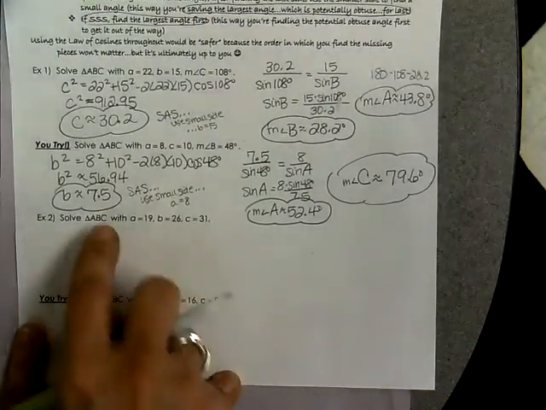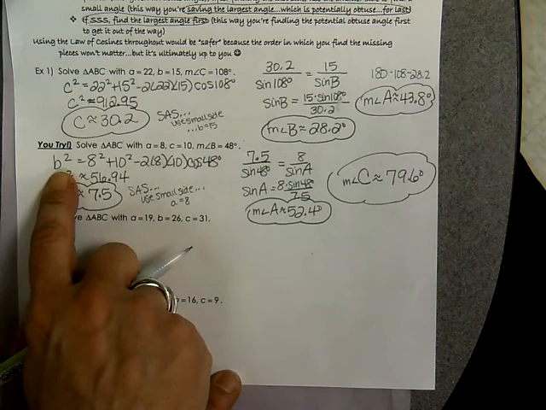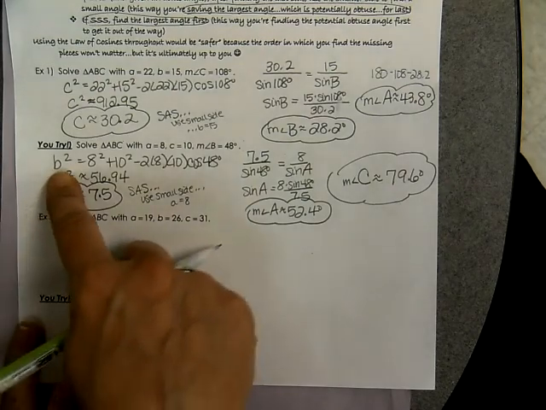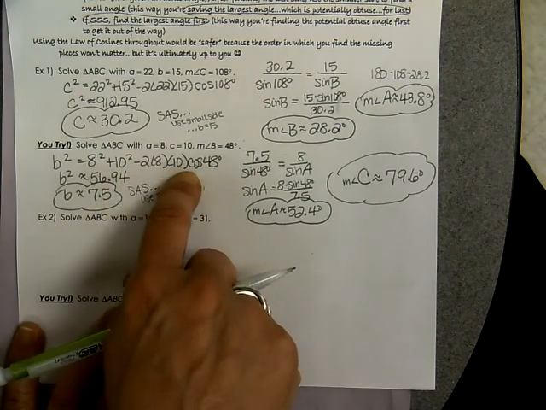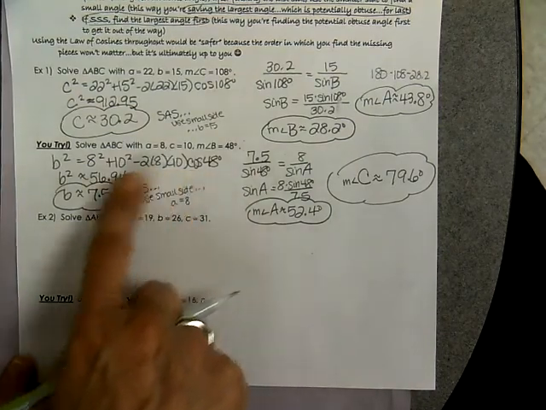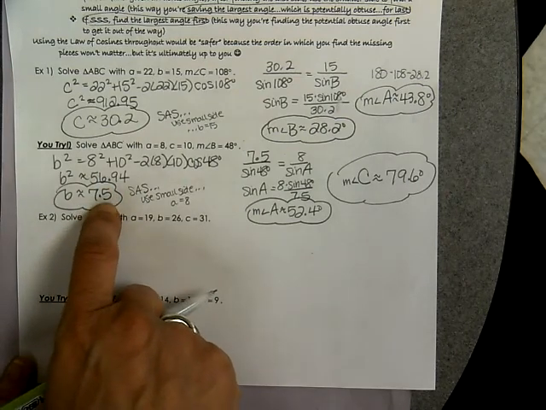Okay, so here's what I got for the you try. The first thing I did is set up the law of cosines to find side B. I said b squared equals 8 squared plus 10 squared minus 2 times 8 times 10 times the cosine of 48. That's about 56.94. Took the square root, get 7.5.